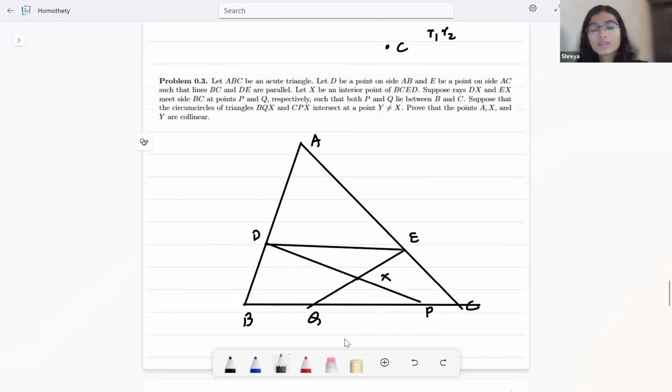Okay, let's just not. So yeah, we have a lot of parallel lines, and we should do homotheties. Homotheties are good for that.